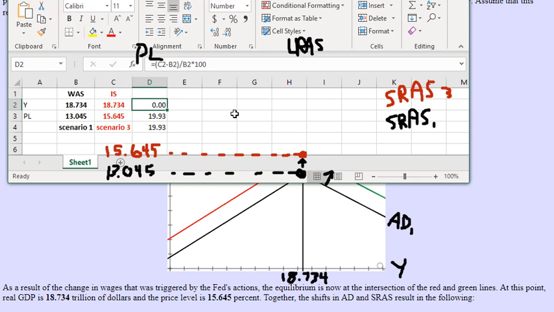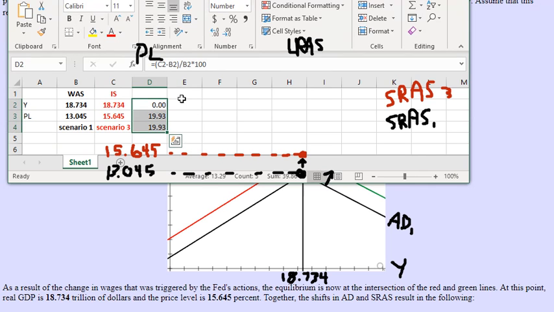So over the long run, we get no economic growth from overly stimulating the economy with excessive monetary growth. It's all inflation. So the inflation rate ends up being 19 point.